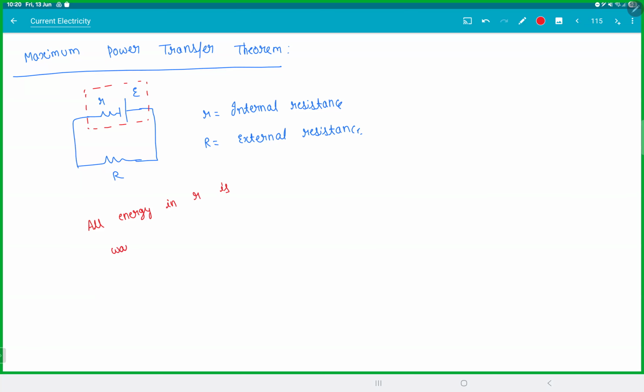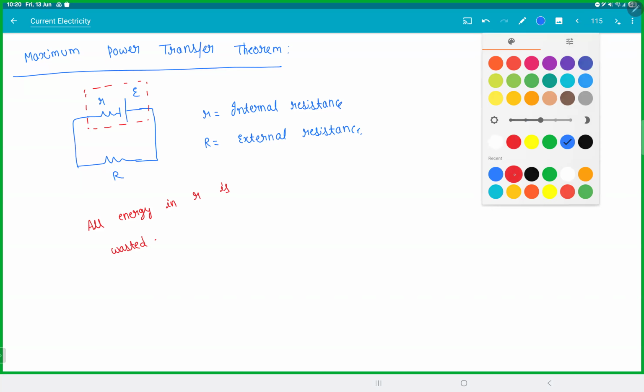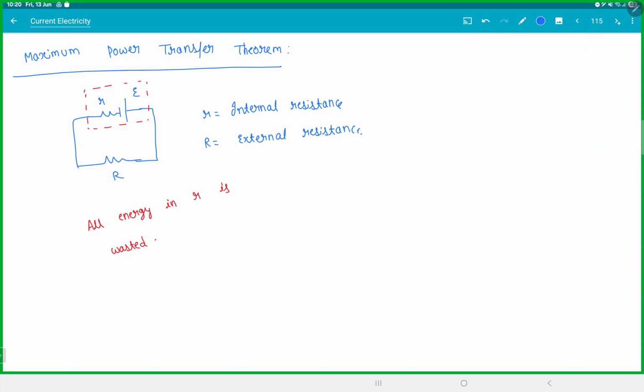You cannot recover that, and that actually heats up your battery. Kind of what happens when you're charging your mobile phone. It gets heated up because all that internal resistance produces heat. You can't do anything about it. That heat is always there. So the question comes this way: what is the maximum power I can generate in this external resistor?